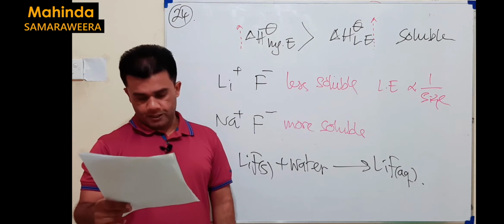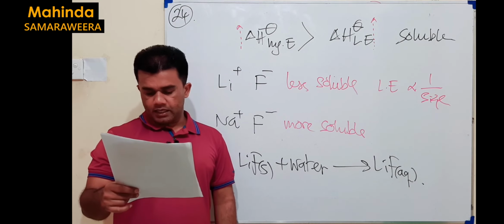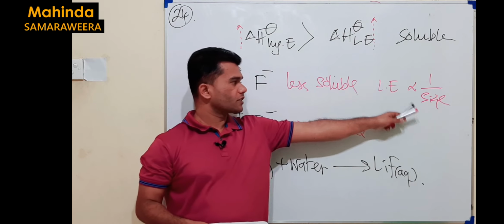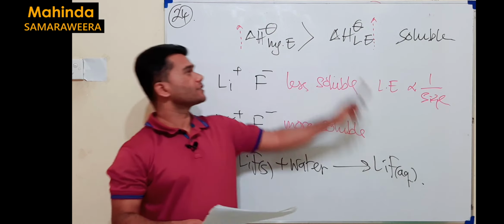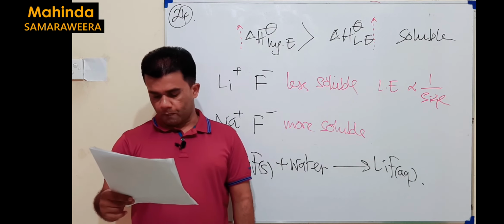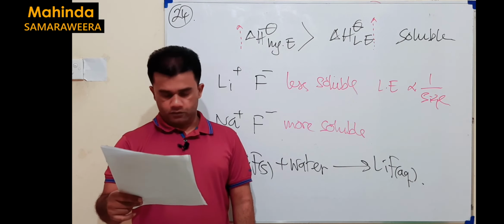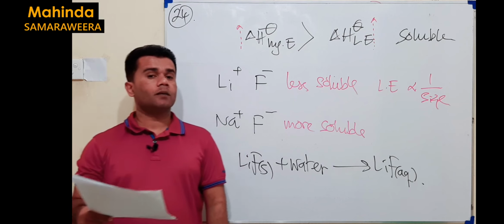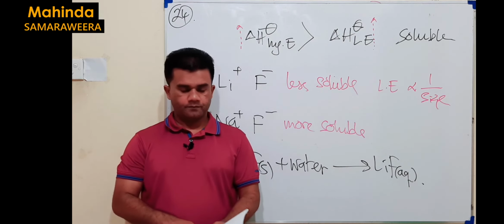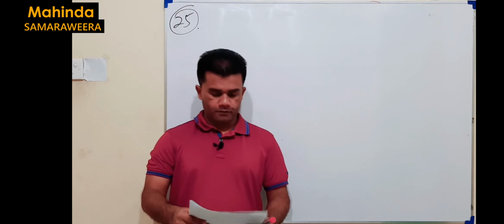It can't be accepted here. D: high lattice energy of lithium fluoride. Yes. Since small size, lattice energy is high, and high lattice energy means less soluble. Solubility decreases. So therefore, here the response is 5 because B and D are possible reasons. B, D means 5. We have come to the last MCQ.